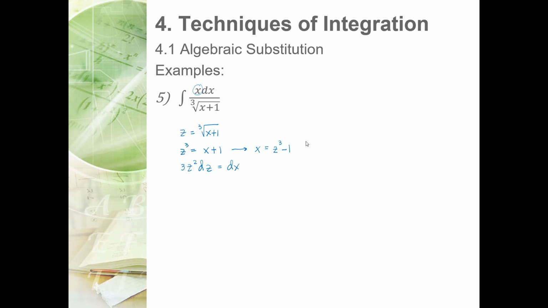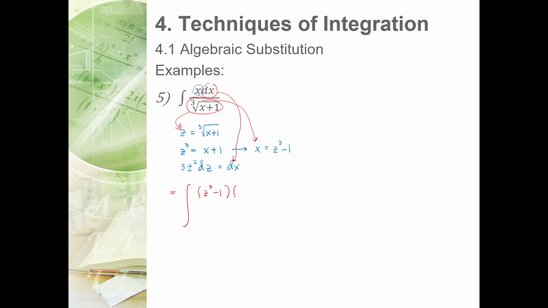So you go back and forth with your substitution. So x here goes to this portion here. dx is now 3z squared dz, and the cube root of x plus 1 is now your z. So this would give us z cubed minus 1.